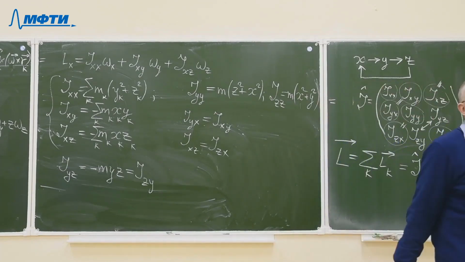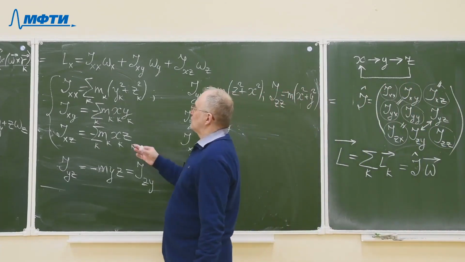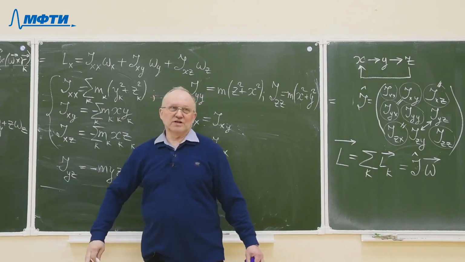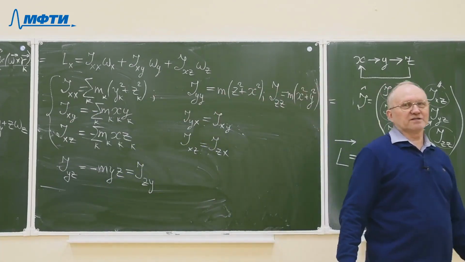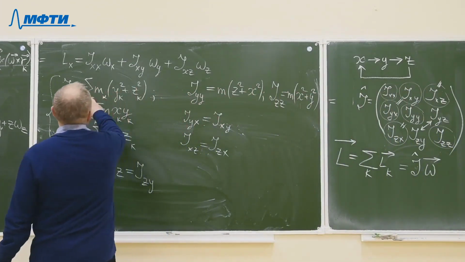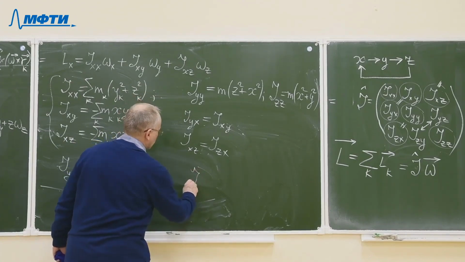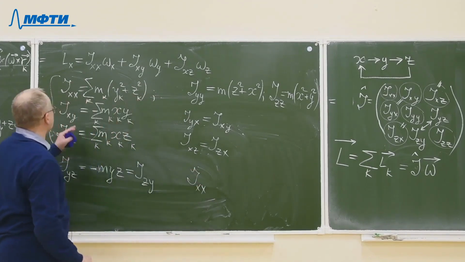So the final expressions for the components of the tensor of inertia of a rigid body will be quite complicated if you turn them into integrals. I will write down just one component, the x component.